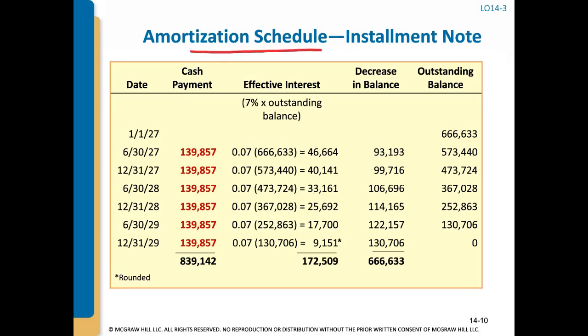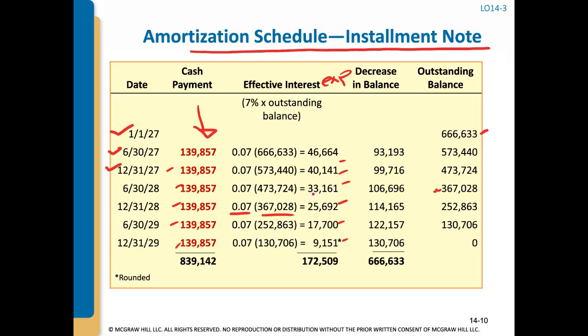So let's look at this amortization schedule to the very end. We started with our initial booking of our notes payable for $666,000 on January 1. We went through these first two payments, and then there are 4 more payments left, because it's a 3-year note paid semi-annually. You can see the cash payment is the same every single payment date, and it's the effective interest expense that is different every single period, because you're going to take the 7% effective interest rate multiplied by the beginning outstanding balance.